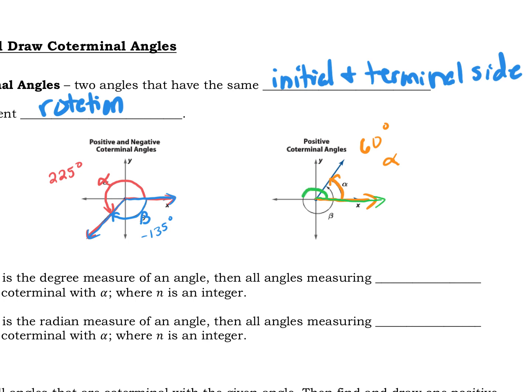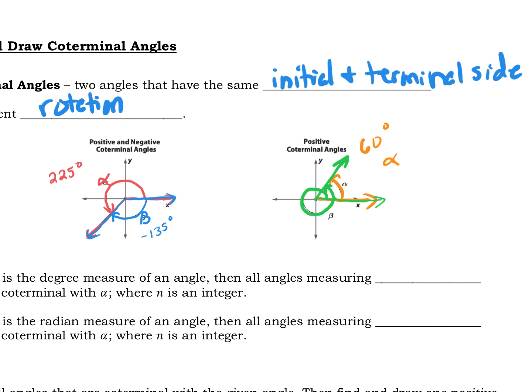We're going to do one full rotation of 360 and then go this 60 degrees more. So that green rotation, that green angle, we've still started and we stopped in the exact same place. So these are coterminal. They're ending in the same place. They're together. Those are coterminal.